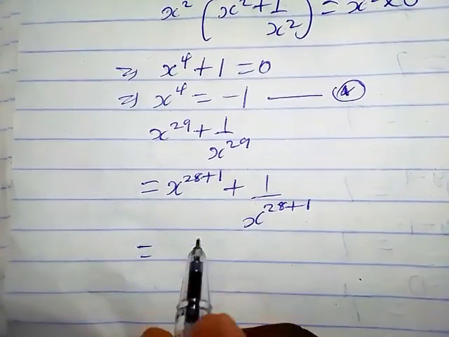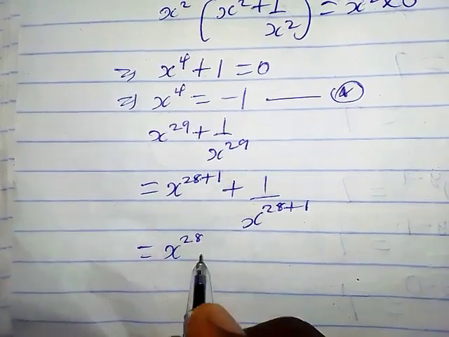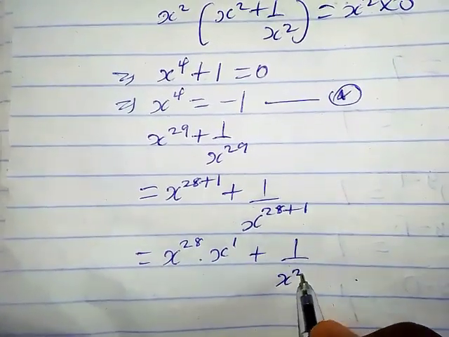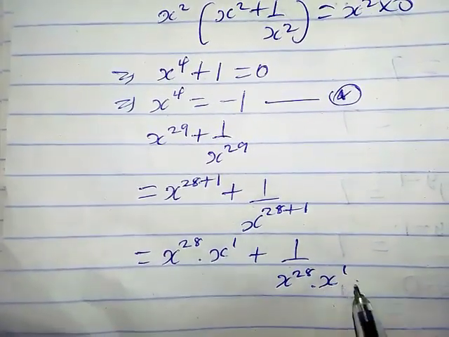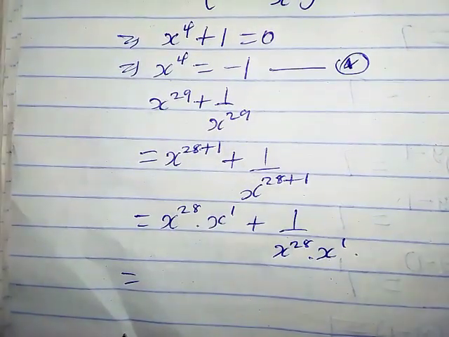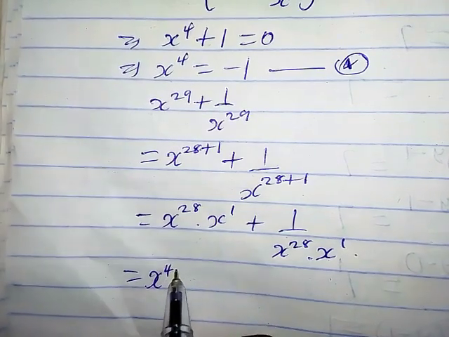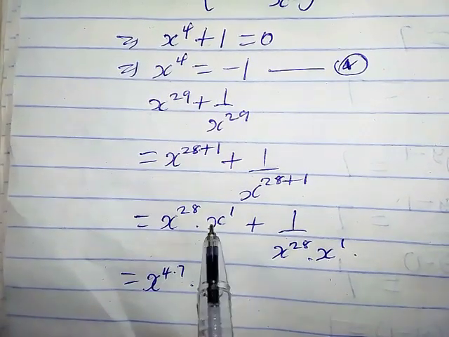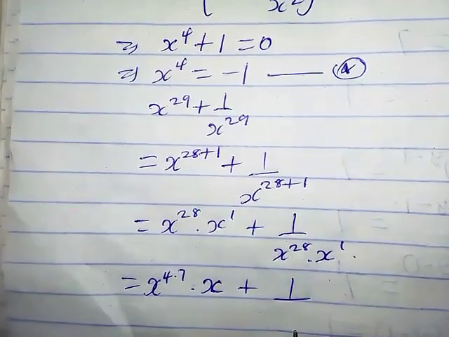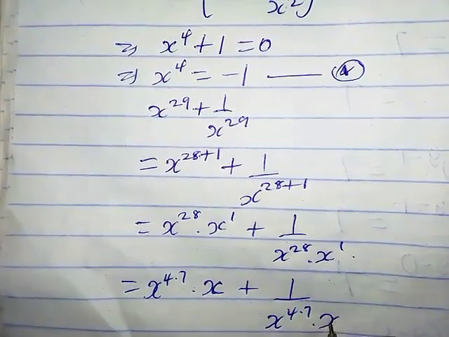So this equals, by laws of inverse, x raised to the power 28 times x raised to the power 1, plus 1 over x raised to the power 28 times x raised to the power 1. So this also equals, 28 can be written as 4 times 7. So we're going to have x raised to the power 4 times 7 times x raised to the power 1, which is the same thing as x, plus 1 over x raised to the power 4 times 7 times x.